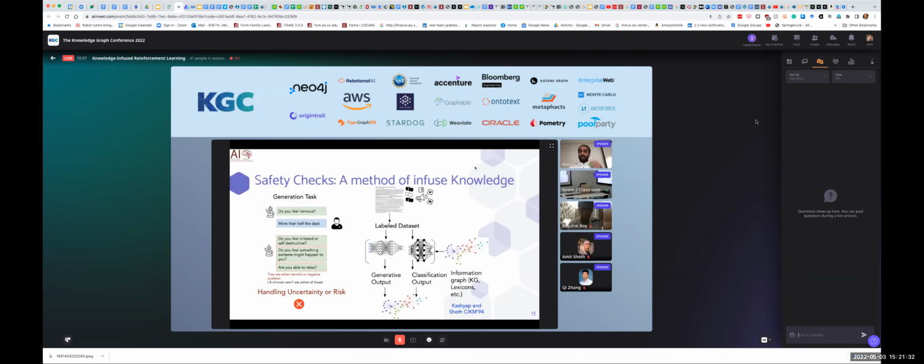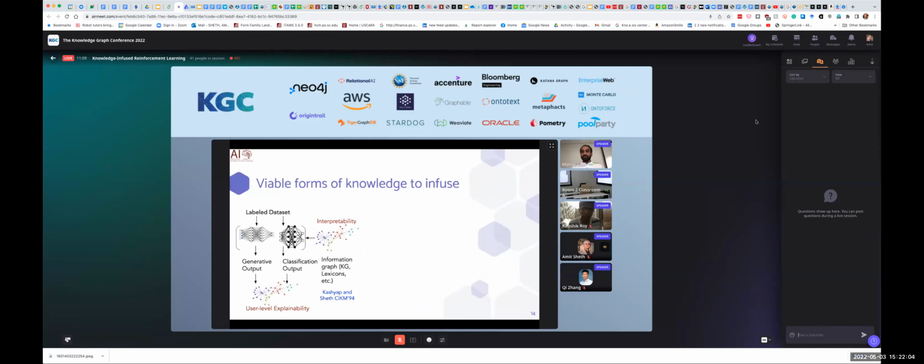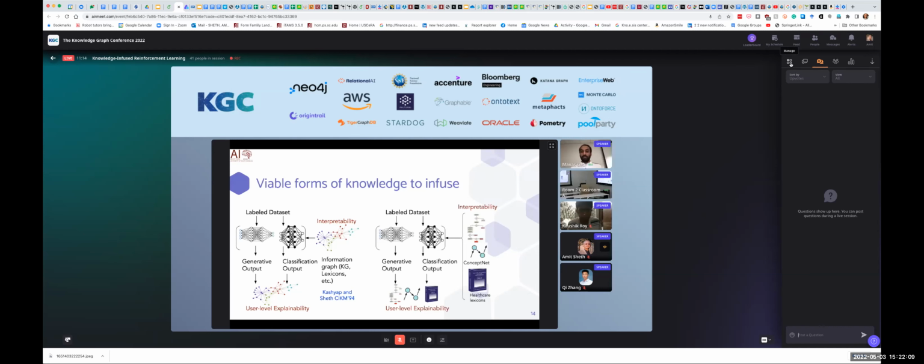But one issue that comes along with them is the amount of information they contain, and how do you identify a small subgraph within that knowledge graph that can actually help in the training of these deep language models, and how do you use them at the output so that the model can verify its outcome. So we looked at various viable forms in which the knowledge can be infused, and most importantly, a series of three forms of information that we came up with.